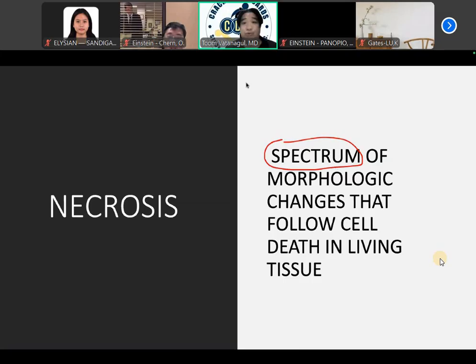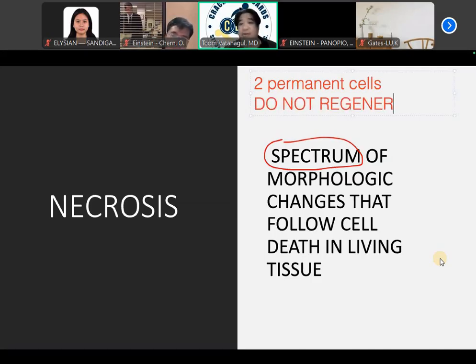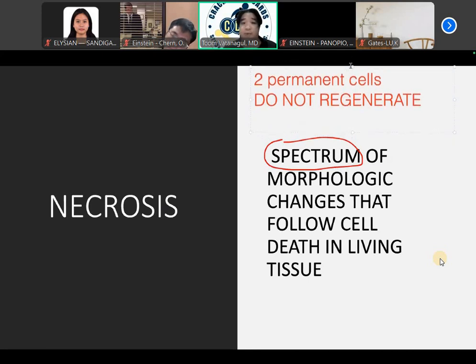And what are the two permanent cells? These are the cells in the body that do not regenerate. What two cells? Number one is the neuron. Number two is the cardiac myocyte.